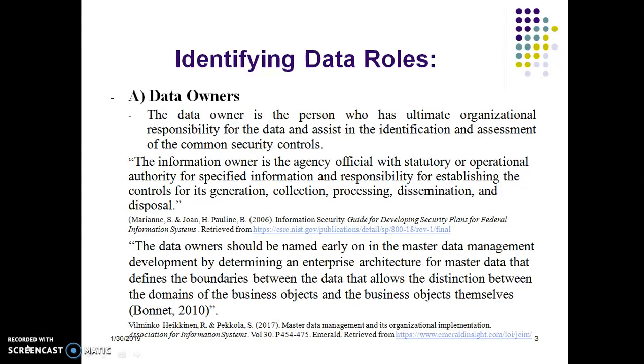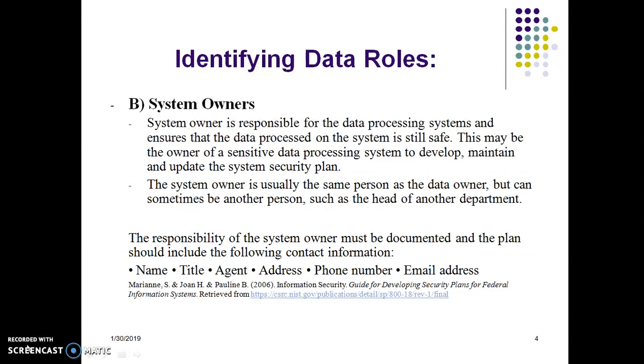The data owners should be named early on in the master data management development by determining an enterprise architecture for master data that defines the boundaries between the data, that allows the distinction between the domains of the business objects and the business objects themselves.